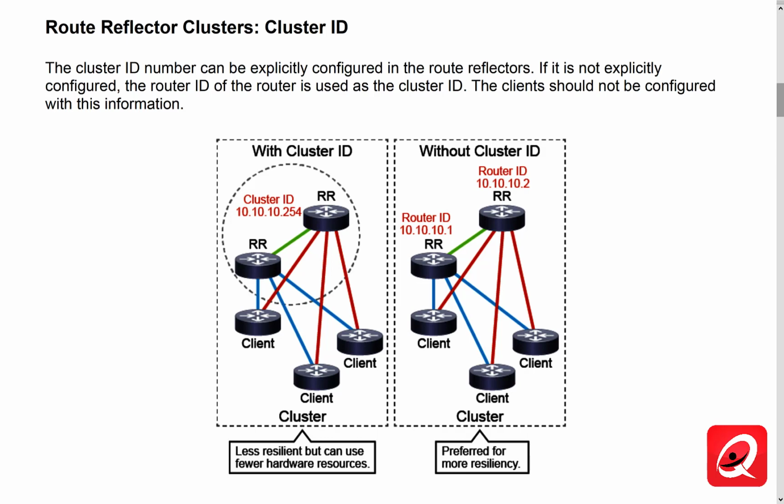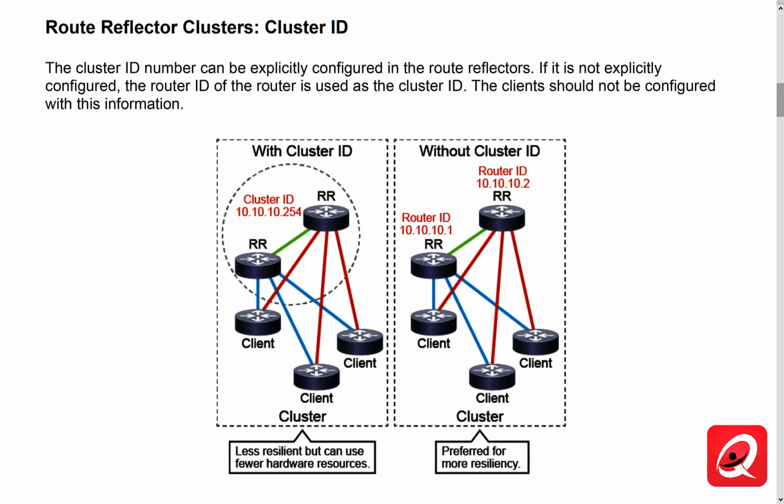The cluster ID number is what uniquely identifies that cluster within the autonomous system. Now, you can explicitly configure that cluster ID if you want. If it's not explicitly configured, the router ID of the router is used as the cluster ID. And if you recall from maybe earlier classes you've taken or only from your basic knowledge, router IDs uniquely identify a router within the autonomous system.